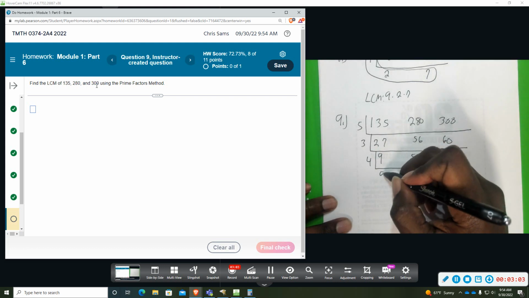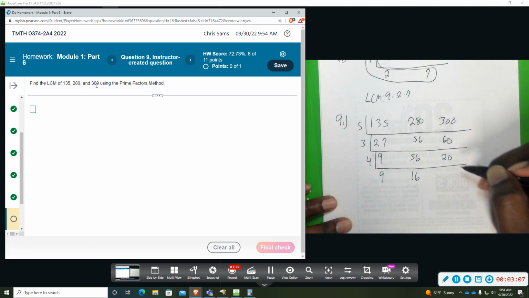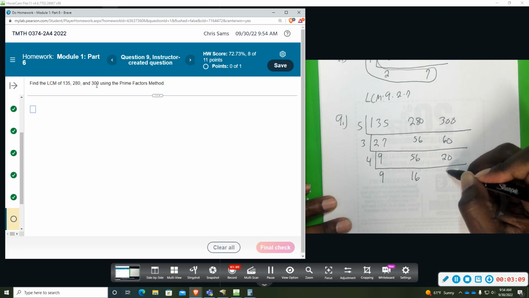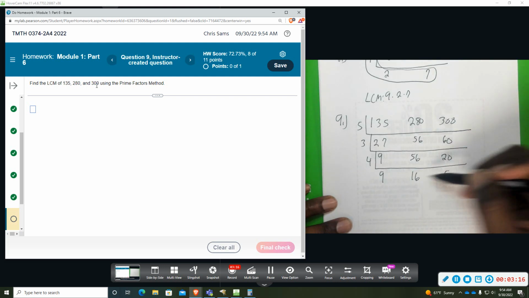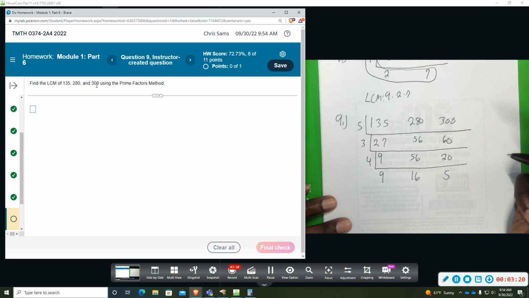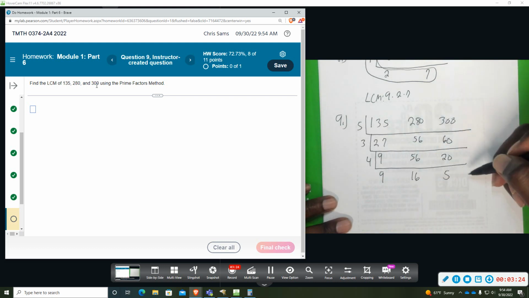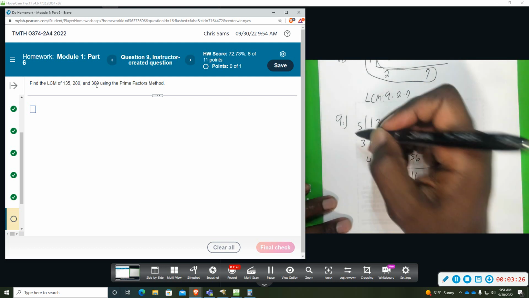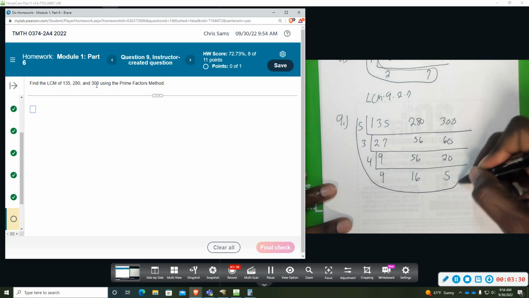So leave this 9 alone. 4 and 16, and that'll give us 5. Okay, and then all of these are relatively prime to each other from that point. So once you divide everything you can, and nothing can divide out of each of them anymore, we will just multiply all the numbers on the outside.